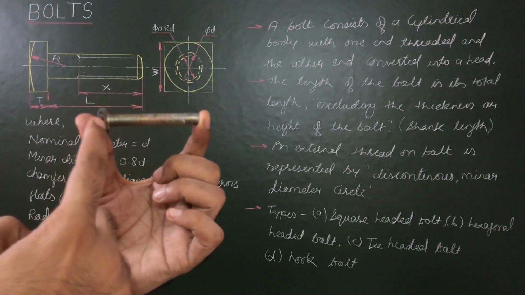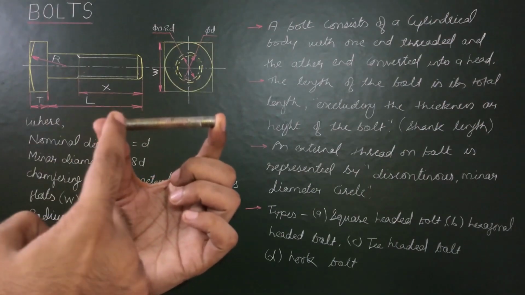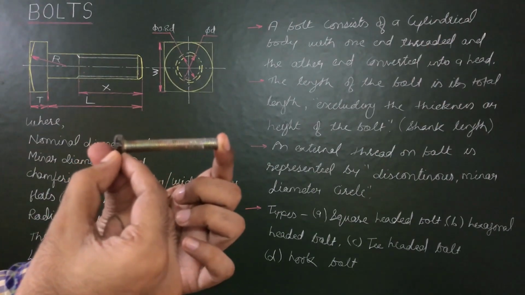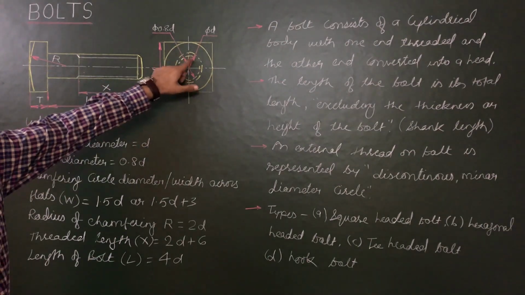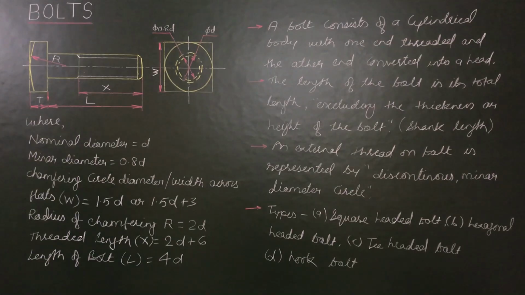And this is the height or thickness of the bolt head. An external thread on the bolt is represented by a discontinuous minor diameter circle. So this is the circle, the discontinuous minor diameter circle.